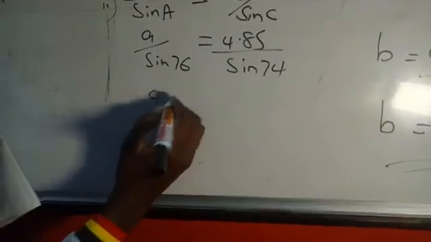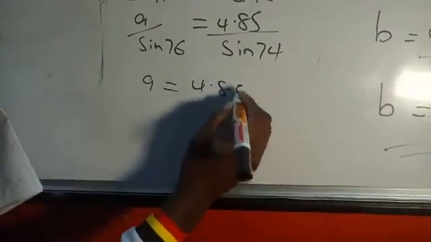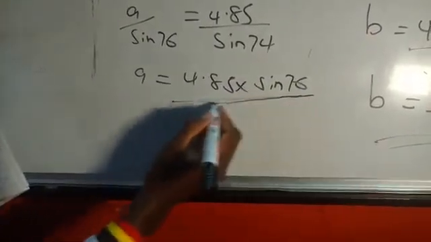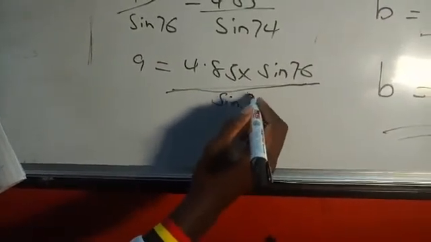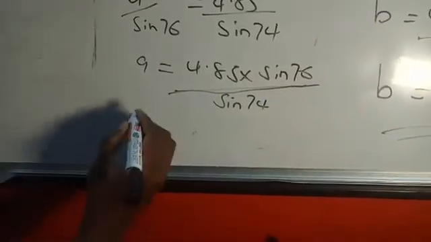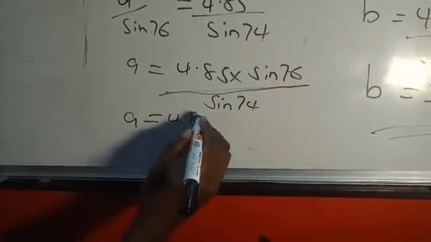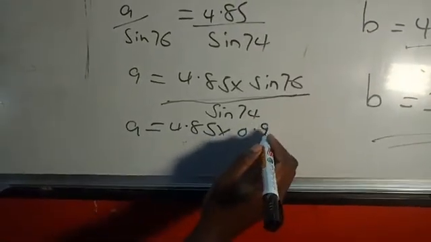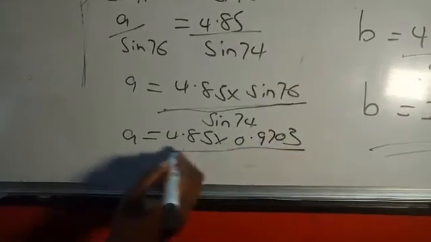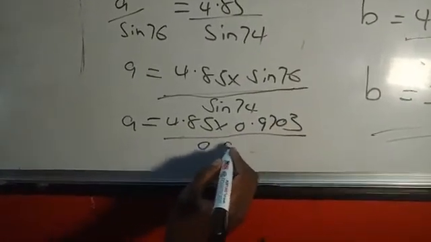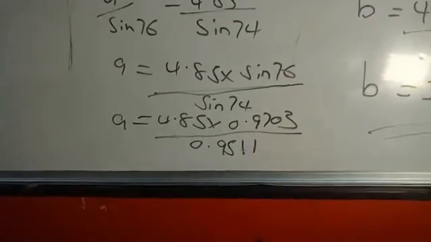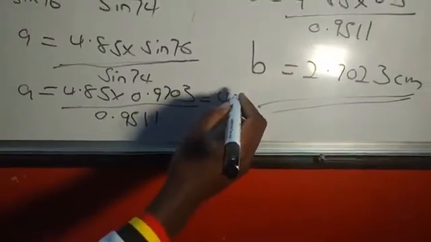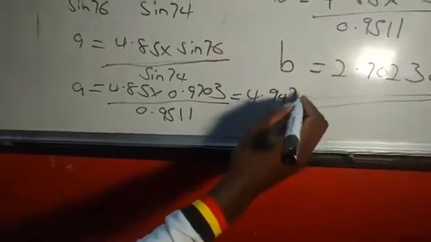So a will equal 4.85 times sine 76 over sine 74, equaling 4.85 times 0.973 over 0.9511, equaling 4.947 centimeters.